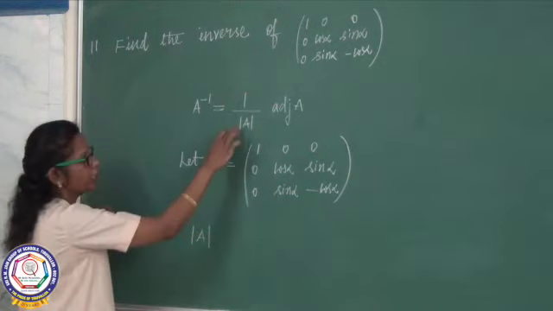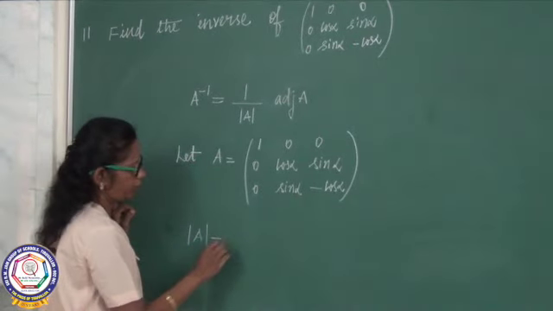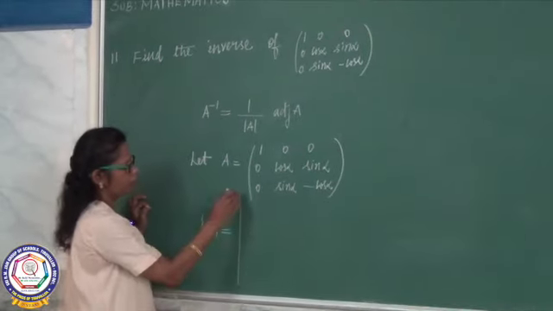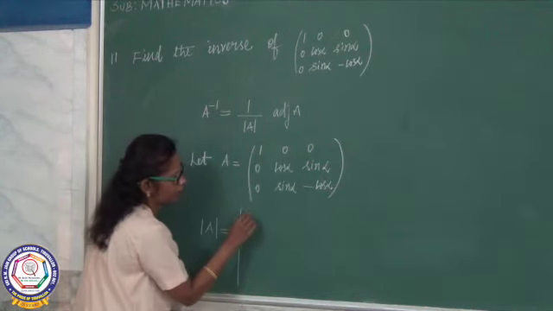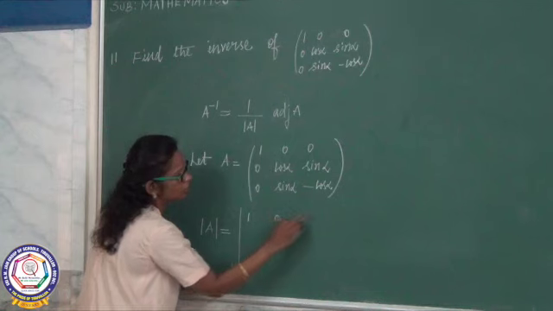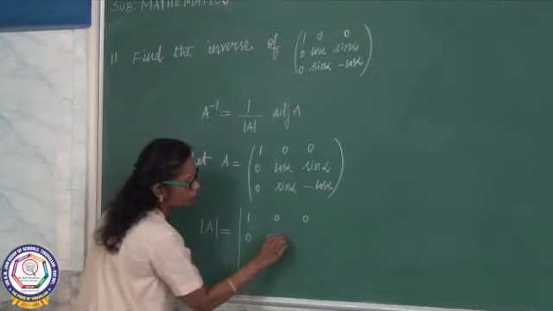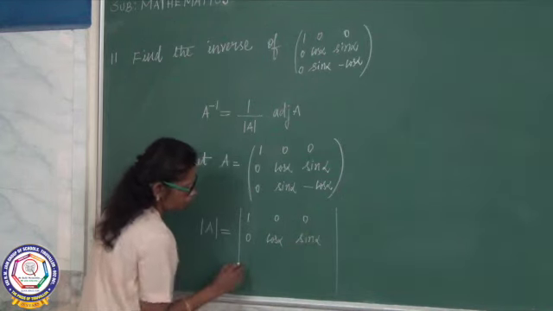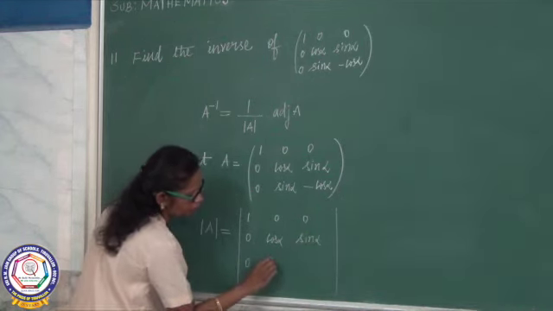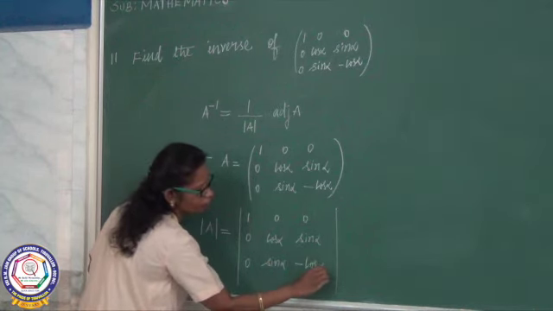First, we need to find determinant A. Determinant means the bracket should be removed and you have to draw two vertical lines: 1, 0, 0, 0, cos alpha, sin alpha, 0, sin alpha, minus cos alpha.